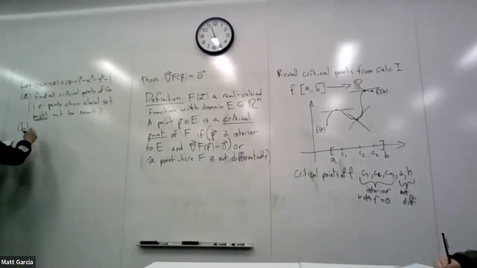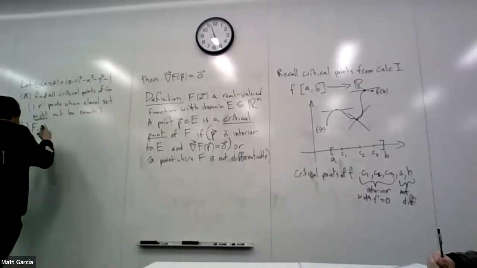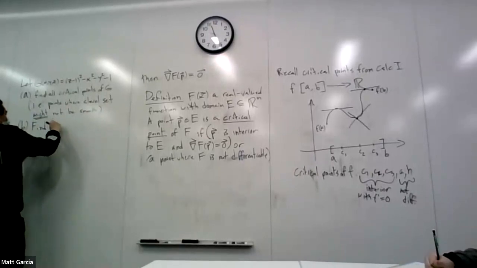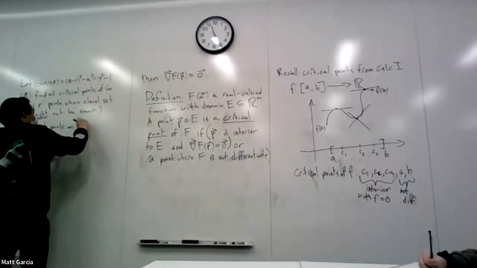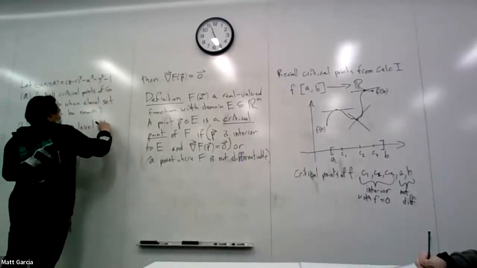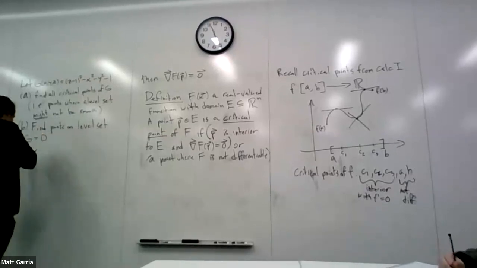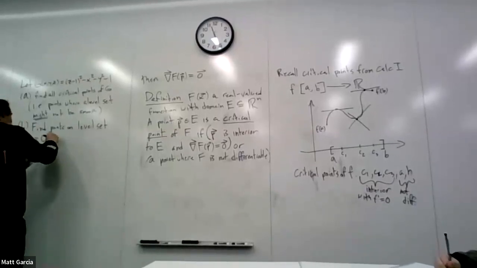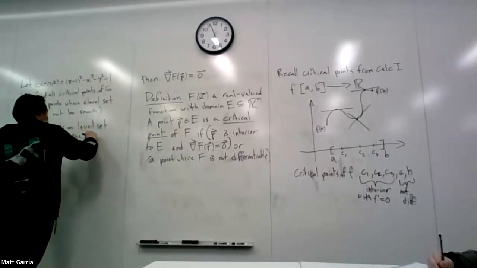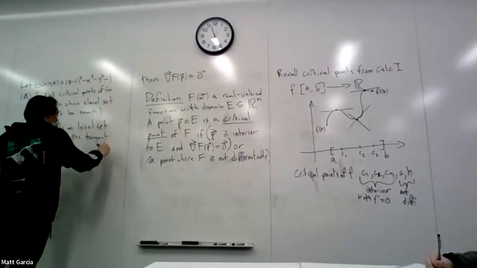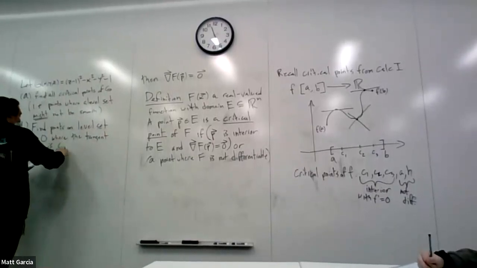Secondly, let's find the points on the level set g equals 0, where the tangent plane is horizontal.